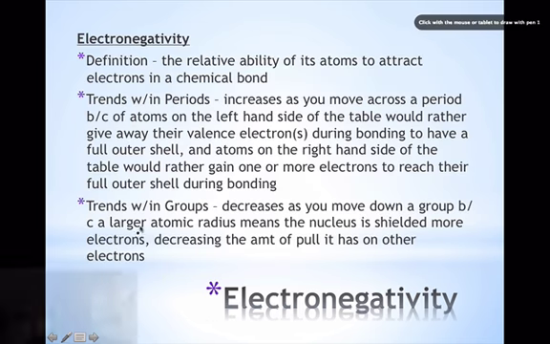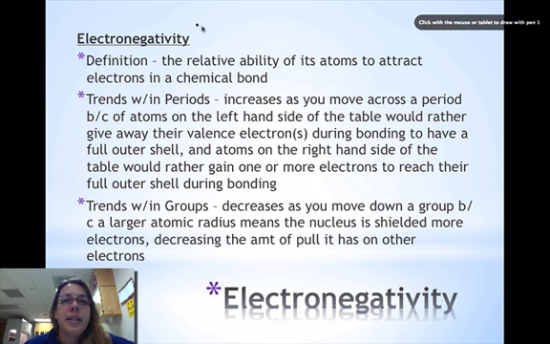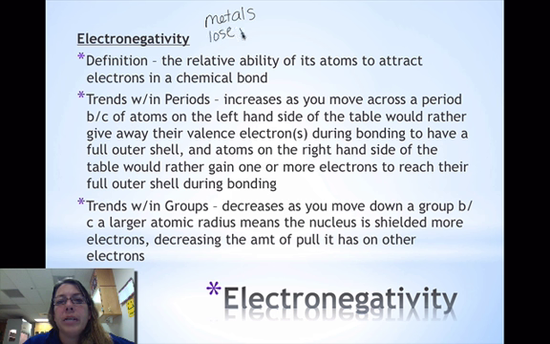Okay, last one is electronegativity. Electronegativity is how much atoms attract electrons during bonding. So if you think of metals, we know they like to lose their valence electrons. So they are not going to want to attract anything during bonding.